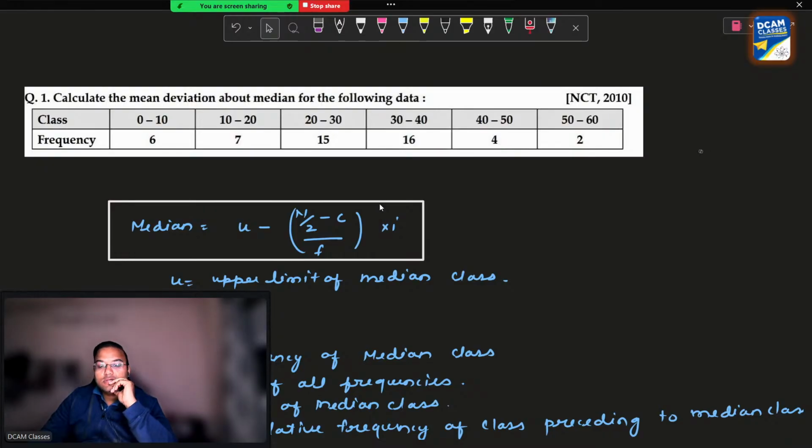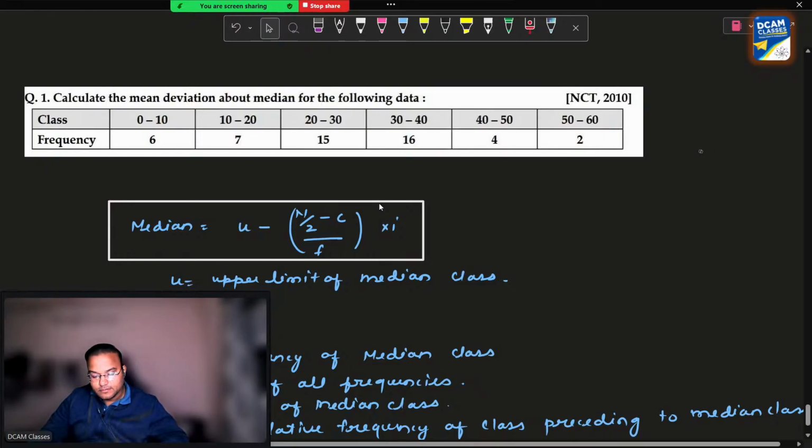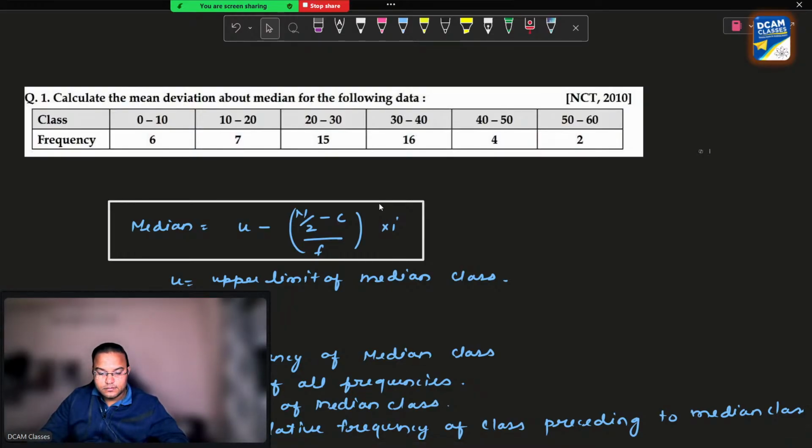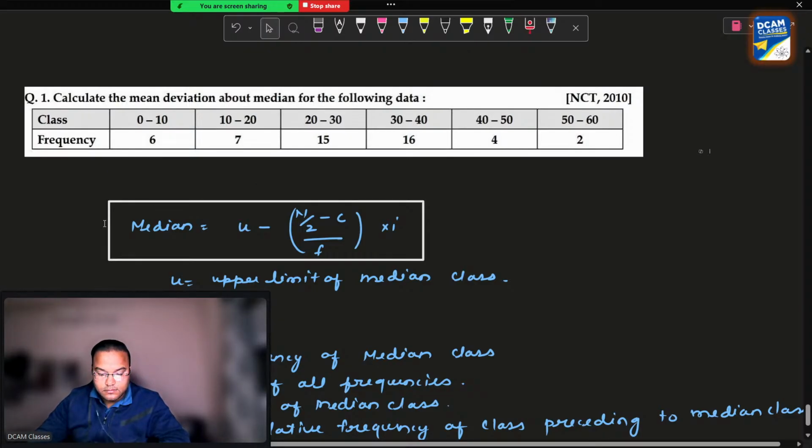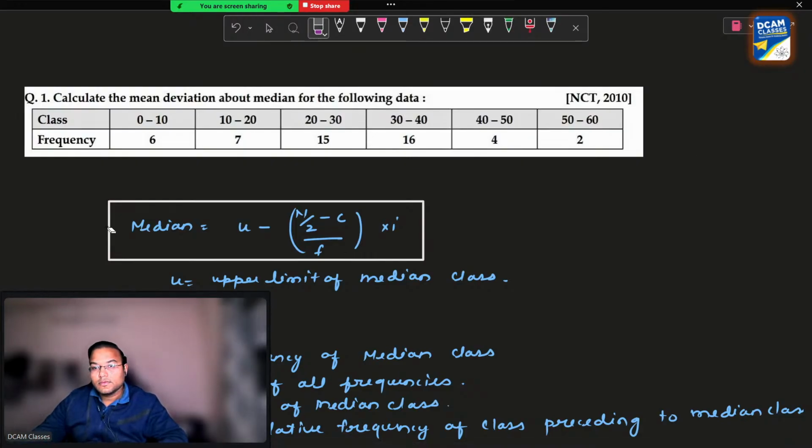For median class also there is a formula. How to find median class?